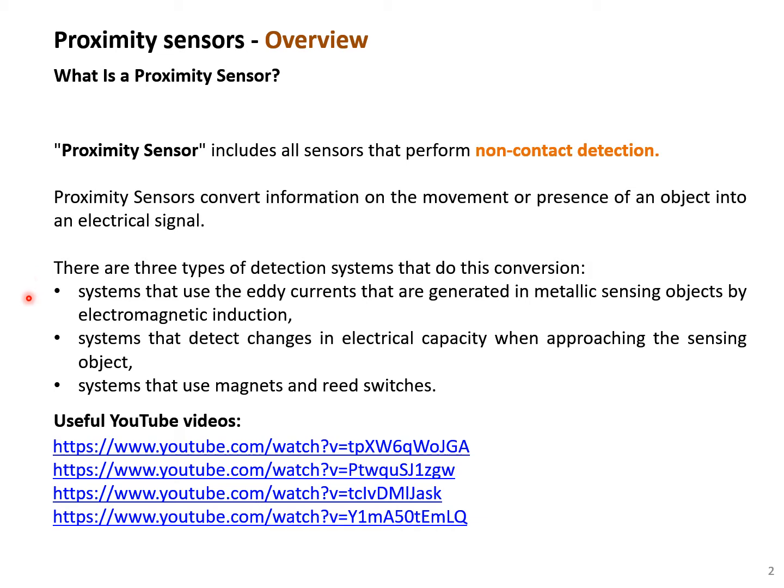Systems that use the eddy currents that are generated in a metallic sensing object by electromagnetic induction, systems that detect changes in electrical capacity when approaching the sensing object, and systems that use magnets and reed switches. We will see each of these sensors and discuss in the coming slides how they work.